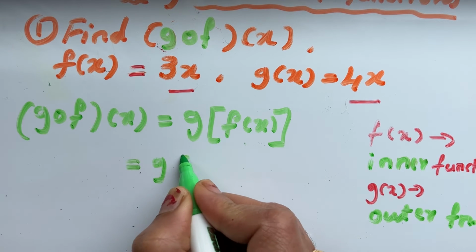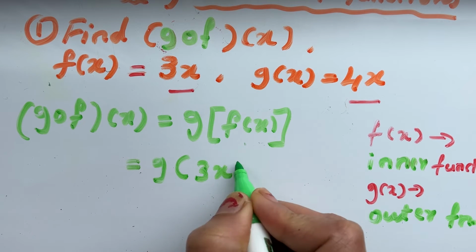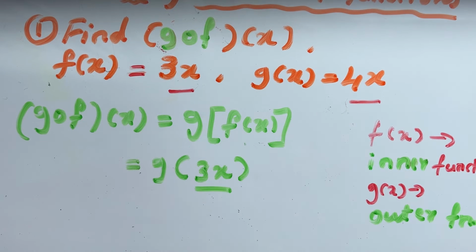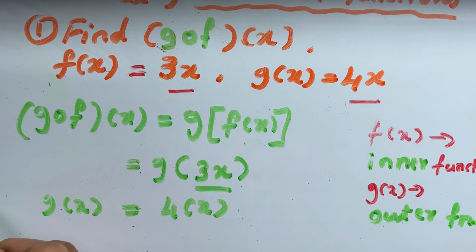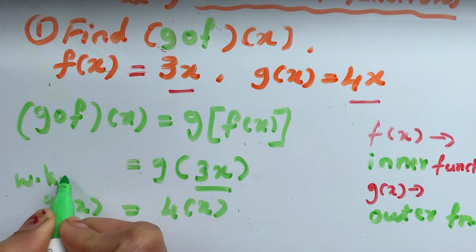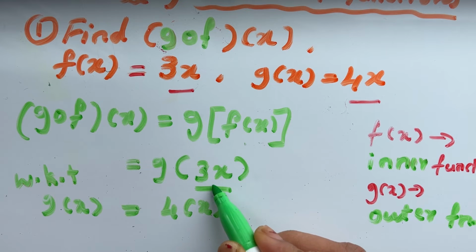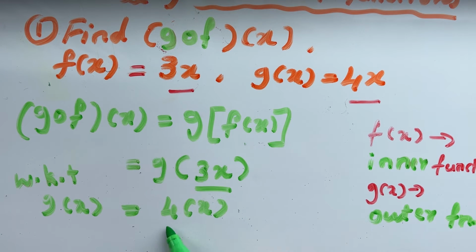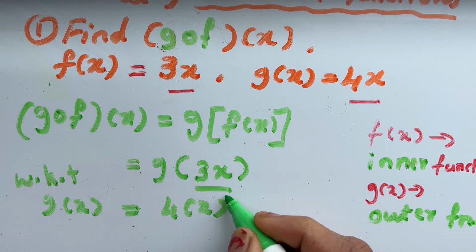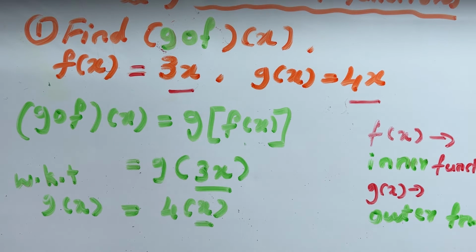F of x is 3x. Now you are sending 3x through g of x. We know that g of x is 4x. Now in place of x you have to substitute 3x.